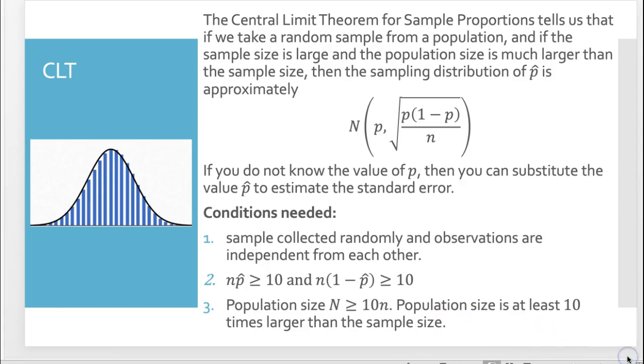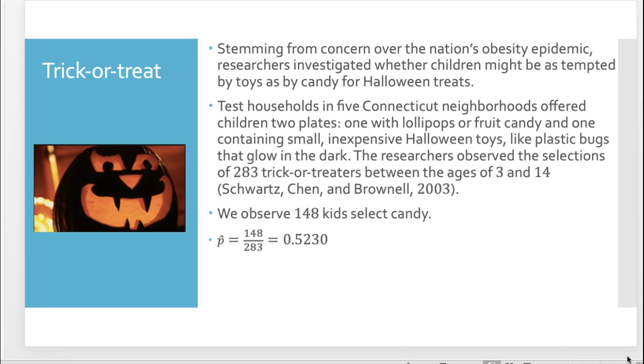Okay, so in a very short example here, stemming from concerns over the nation's obesity epidemic, researchers investigated whether children might be as tempted by toys as by candy for Halloween treats.